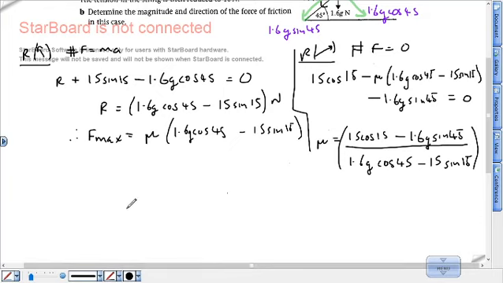Now just get my calculator out and pray I don't make a mistake, because it's so easy. 15 cos 15, close brackets, take away 1.6 times 9.8 times sin 45, close brackets, go down. It is open brackets 1.6 times 9.8 times cos 45, close brackets, minus 15 sin 15, close brackets.